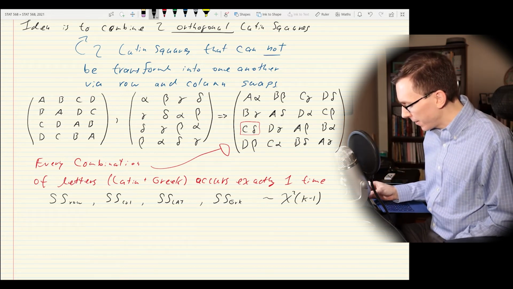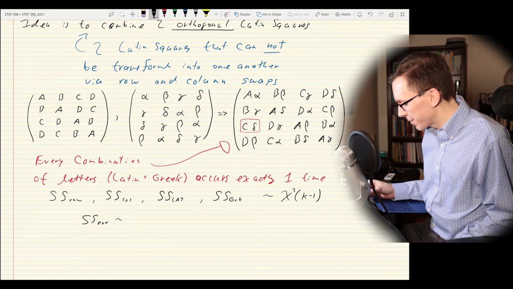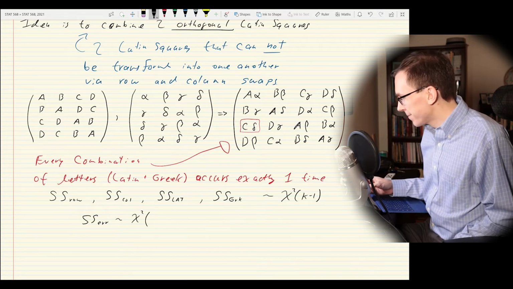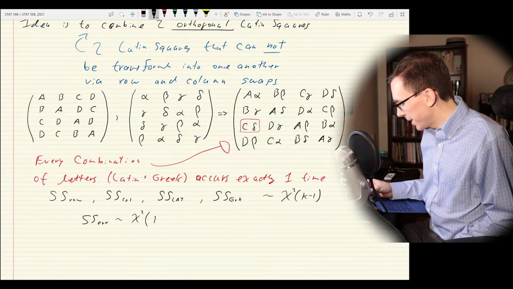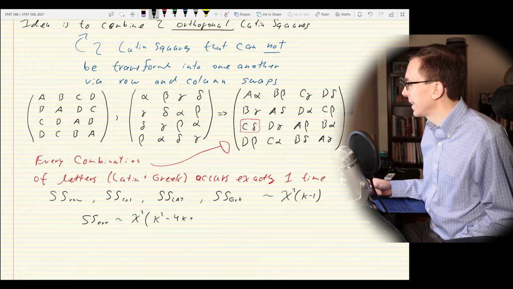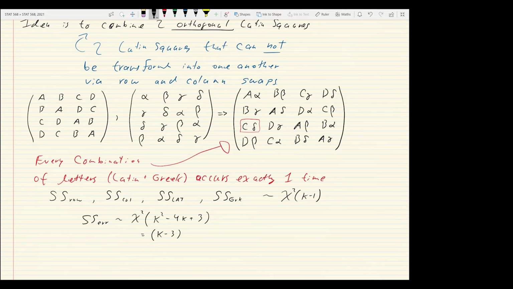And now our error sum of squares is going to lose another k minus 1 degrees of freedom. And it's going to look something like k squared minus 4k plus 3, which, if we factor that, is going to be k minus 3, k minus 1.